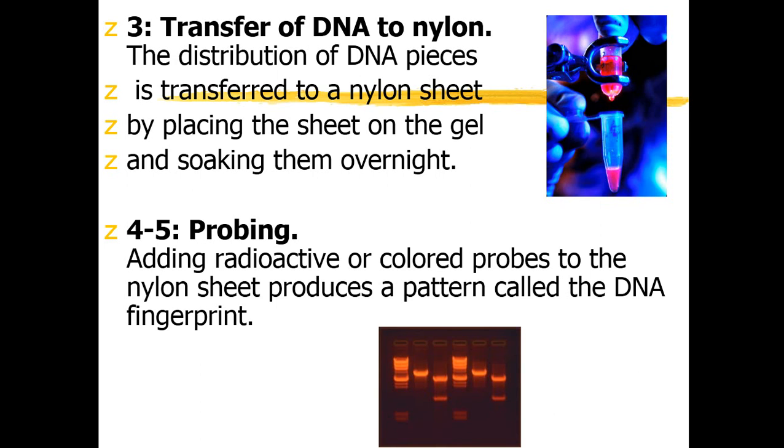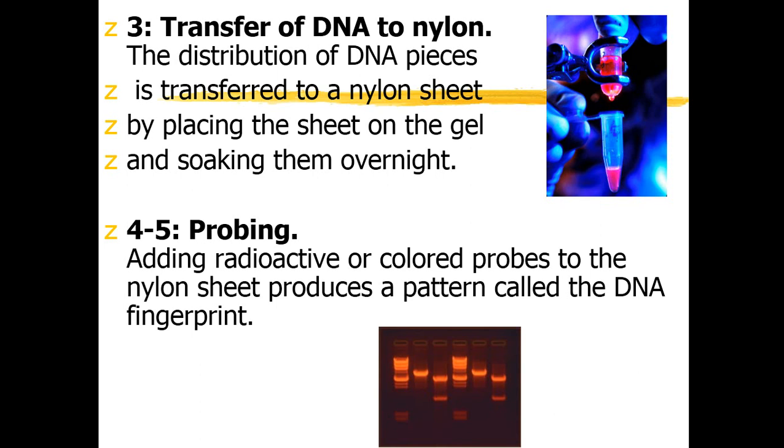This blotting or transfer of DNA segments is achieved by placing the nylon sheet onto the gel and soaking them overnight in a buffer. Because of this buffer, the DNA molecules are transferred from the gel to the nylon membrane through capillary action. Then next day the nylon sheet is removed and used for probing or identification of specific DNA segments using radioactive or colored probes.